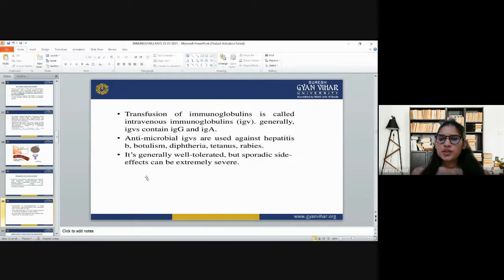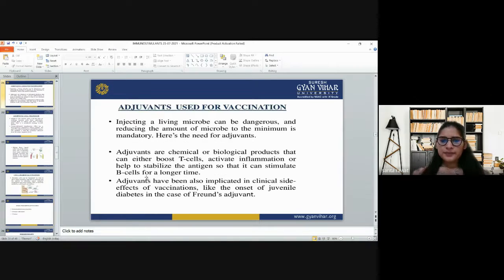Now, the transfusion of immunoglobulins is called intravenous immunoglobulins (IVIG), and generally IVIGs contain IgG and IgA. Antimicrobial IVIGs are used against hepatitis B, botulism, diphtheria, tetanus, and rabies, and it is generally well tolerated, but sporadic side effects can be extremely severe.